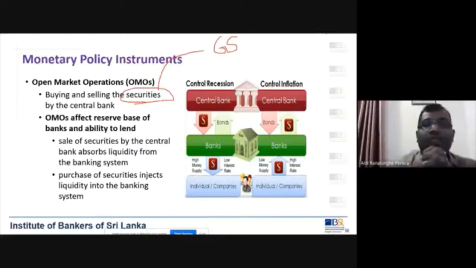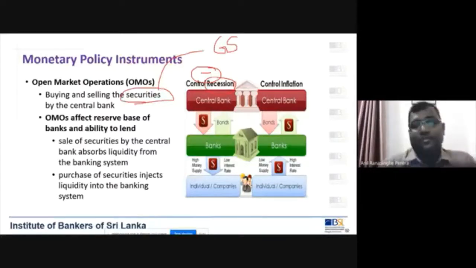How does it happen? Now I have this simple diagram. Let's say the economy is having a shortage of money, a deficit. When there is a shortage of money, the economy can have a recession, which means economic activities are affected and disturbed.